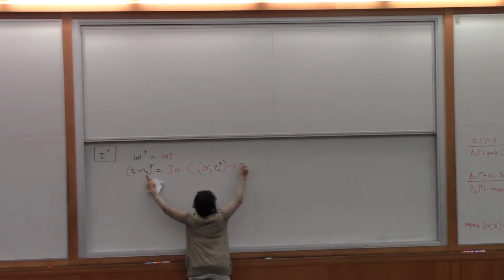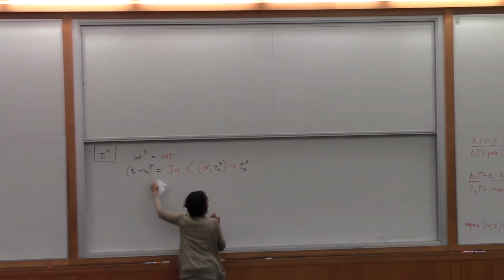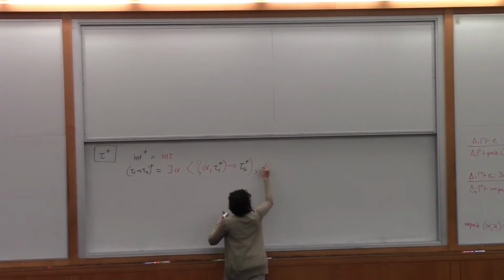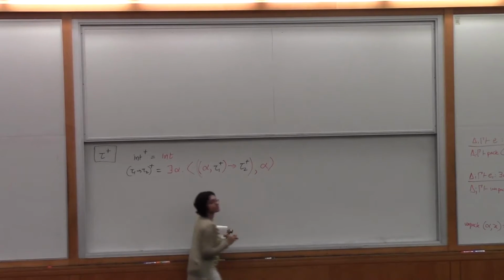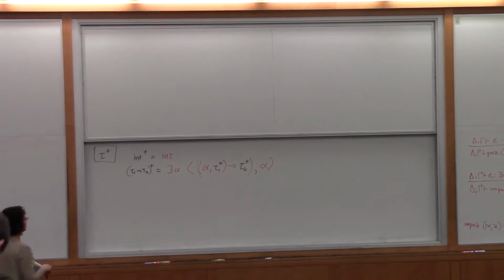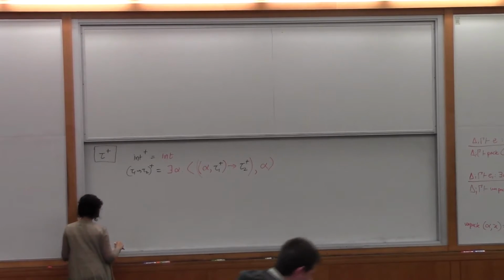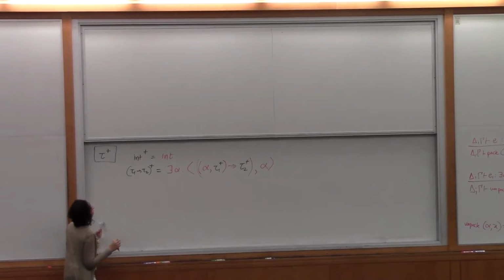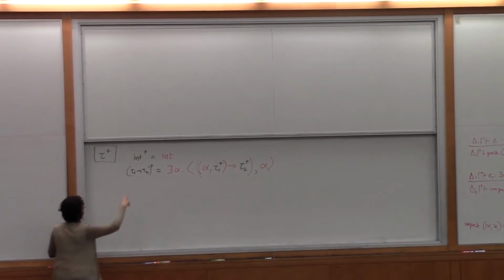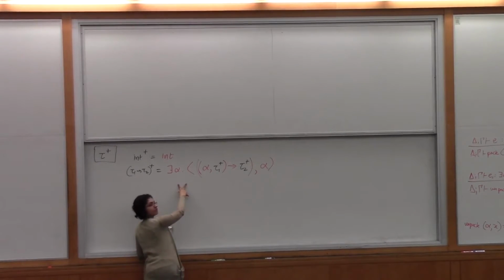The result type, tau2 plus. Okay, so now this part is my function type, and I'm going to pair it with the environment, which is the alpha. Okay? Since we really only have these two types in source, we're done. If you throw in more, they would all proceed by structural induction. If you had tau1 plus tau2, you would get tau1 plus plus tau2 plus.